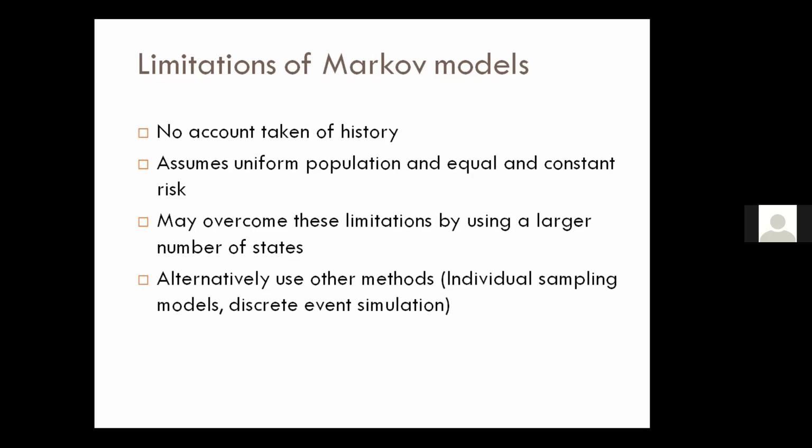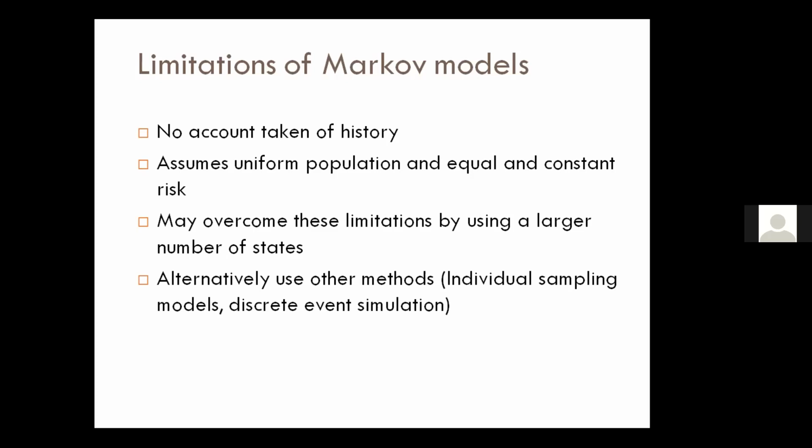Or these limitations are usually offset when, instead of two or three states, you take a large number of states, so that the difference between two states is not very much. It's not from hospital directly to death. There are many states you can imagine: hospital stay for just 2 days is one state, hospital stay for 7 days is another state.